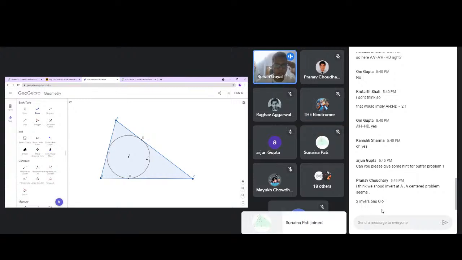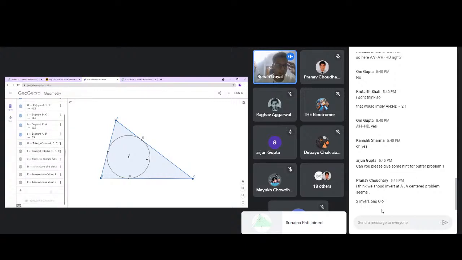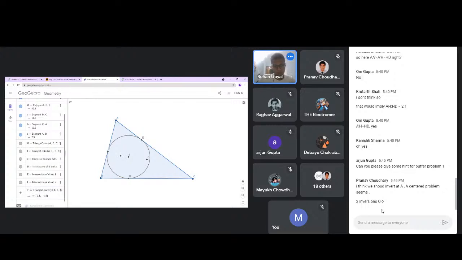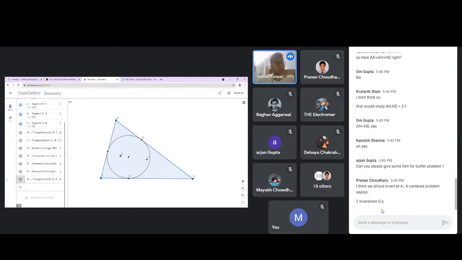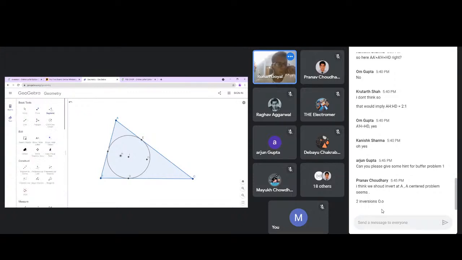You have DEF as the contact triangle. The contact triangle is the triangle made by the touch points of the incircle. H is the orthocenter of the contact triangle. Prove that H, I, O are collinear.